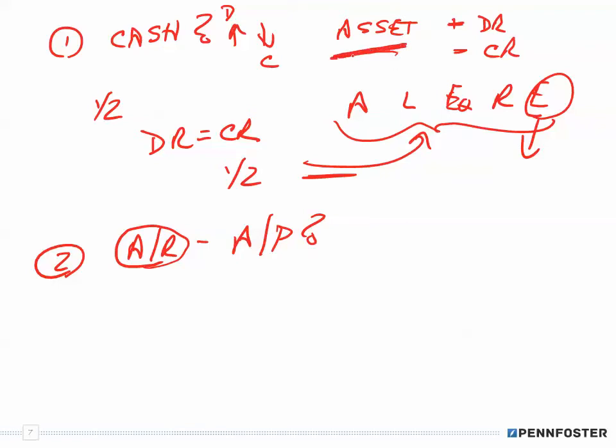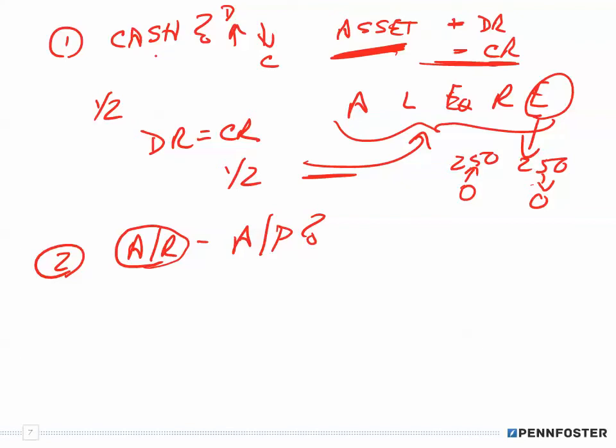It's an asset, and it follows the same rules. So if you know how to do cash, then you know how to do accounts receivable. If my accounts receivable before was 0 and it goes up to 250, that's a debit. If it goes down from 250 to 0, that's a credit.